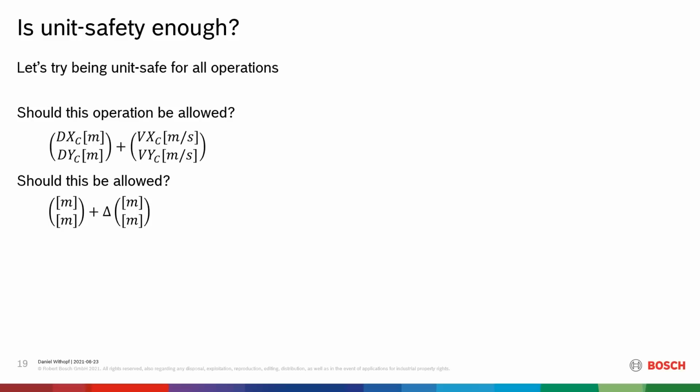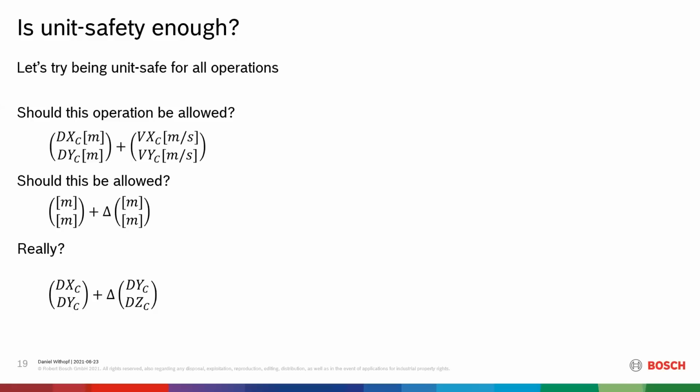You're right. In general, this seems like a valid operation. In most cases, it is valid. But what if we have a special case here? What if we're actually adding a position vector that describes X and Y position in one frame to a displacement vector that describes Y and Z position in the same frame?